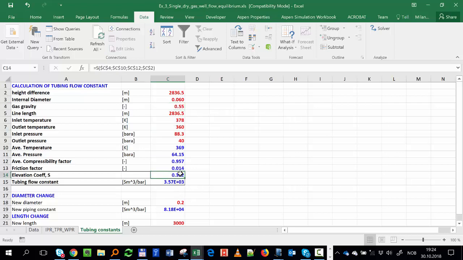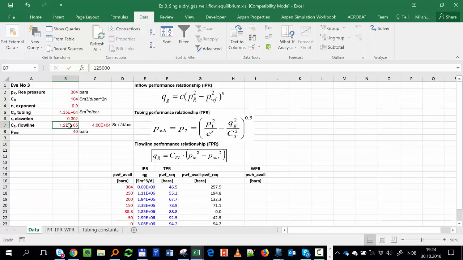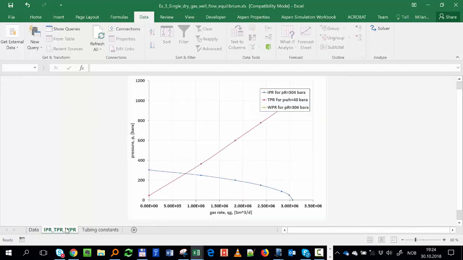The elevation coefficient is not affected by the diameter, but the CT is, and you see it reduced dramatically from 4.35 to the 4 to 3.57 to the 3. So I tried now that number, and you see now how it affected very much the tubing equation. Now the intersection is not anymore at 2.8, but now the intersection is here. It reduced dramatically the rate of my well.